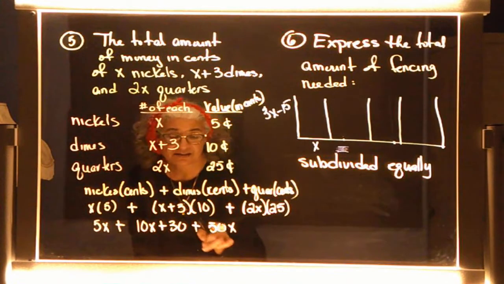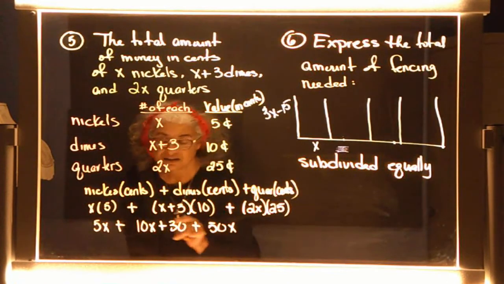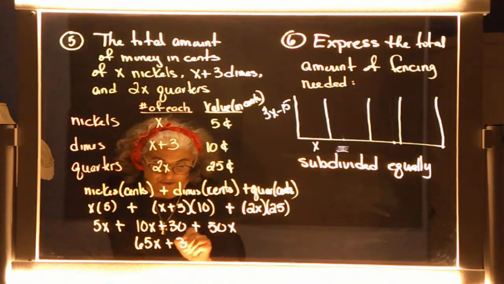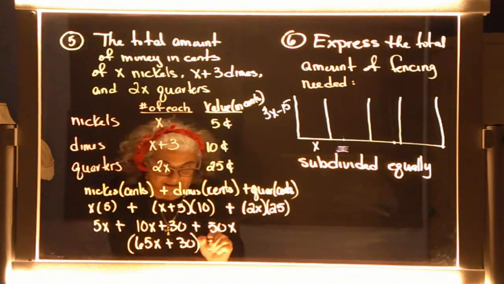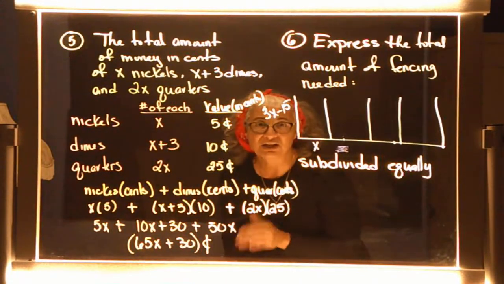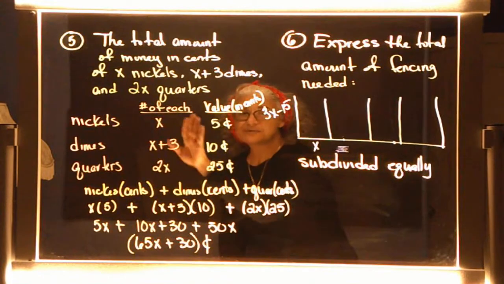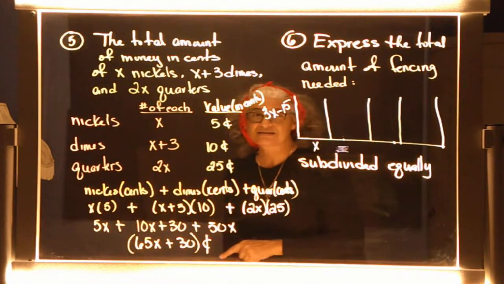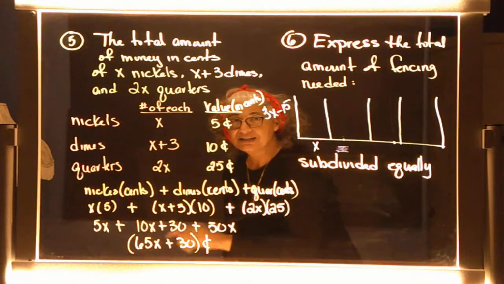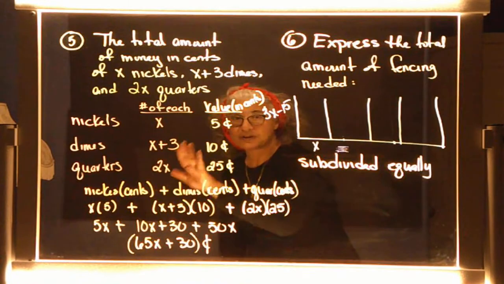Good. 15x plus another 50x. Good. So this is 65x plus 30. And this is in cents. That is the total value of these many dimes and nickels in cents. And if I knew how many nickels I had, I could just plug it in and I'd find the total number of cents of these amount of coins.